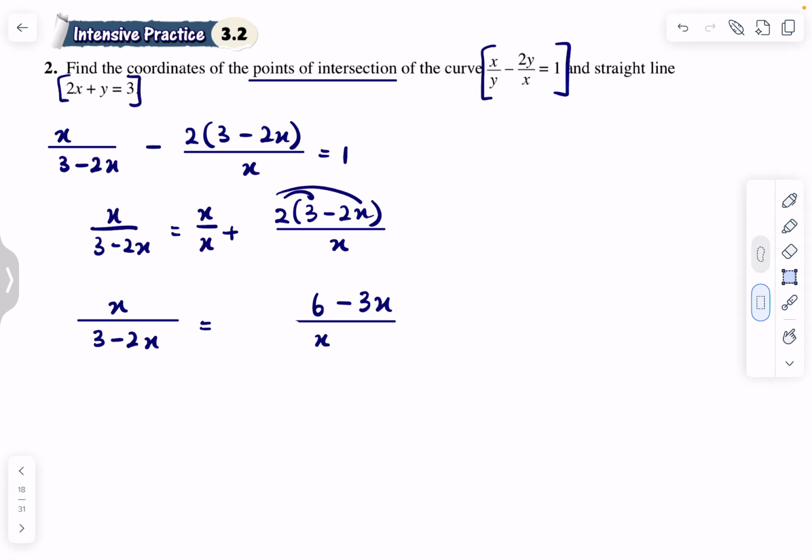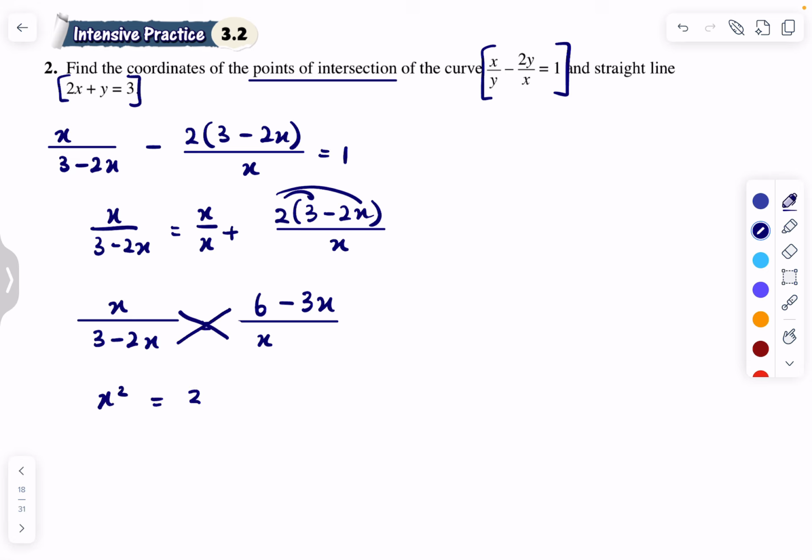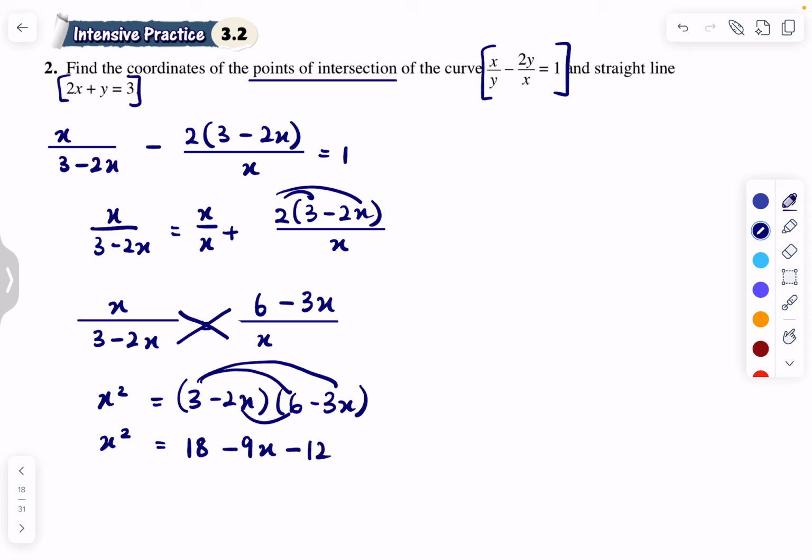Now that we've got this, we can cross multiply. So x times x will get x squared equals this whole thing times this, we'll get 3 minus 2x times 6 minus 3x. So we expand now. 3 times 6 is 18. 3 times negative 3x is negative 9x. Negative 12x plus 6x.